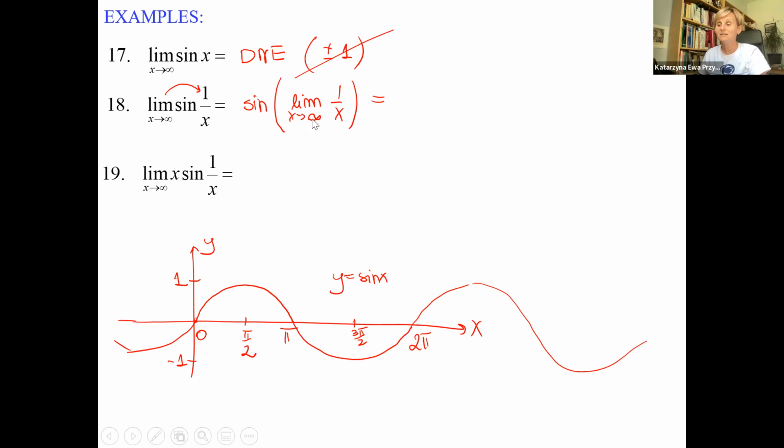Limit as x goes to infinity of that quantity, 1 over x. 1 over a big number is a small number. It means the limit inside is 0, and sine at 0 is 0. Done?